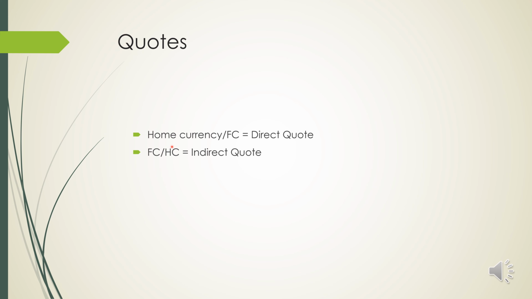Direct quote and indirect quote. In a direct quote, we are expressing home currency per unit of one foreign currency. And if you are expressing foreign currency per unit of home currency, it is an indirect quote.